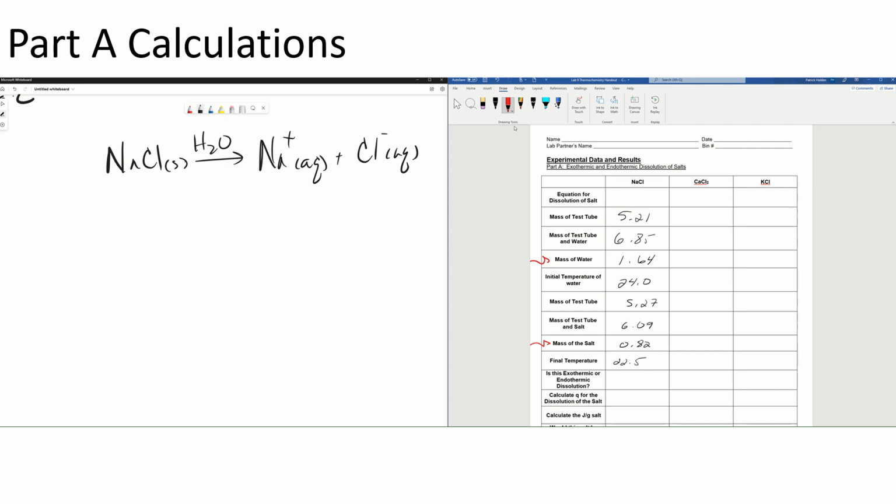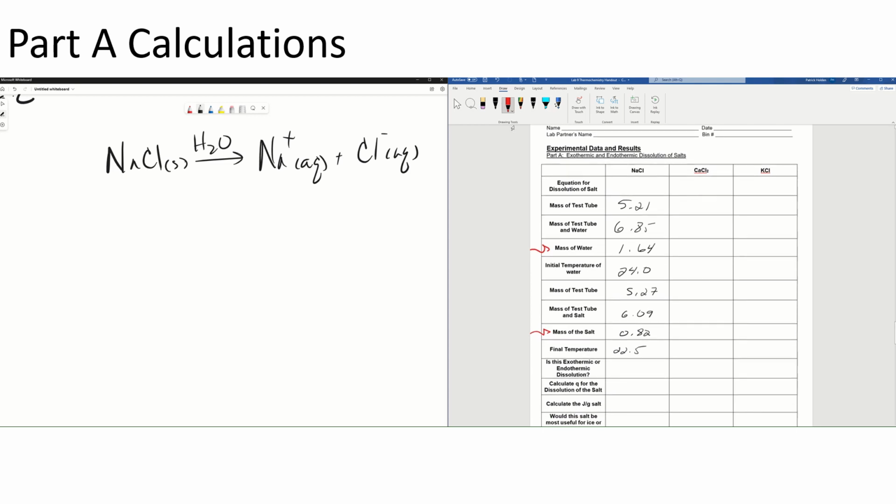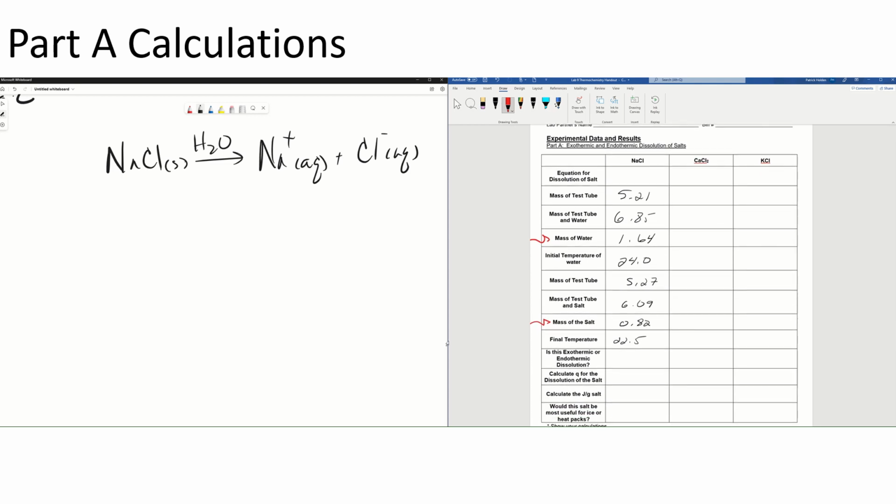And then we have the final temperature. Again, that's going to be the peak temperature that it reaches. And the question is, is this endothermic or exothermic? If it produces enough heat, you could tell it's exothermic, right? It's going to get very hot. Or if it absorbs enough heat, you can tell that it's endothermic because it's going to get really, really cold.